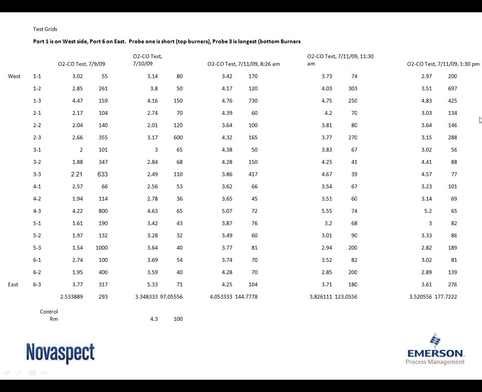So we adjusted that, and you can see on the next set of data, as we adjusted air shrouds, we were able to get those O2s and then the COs down. So that's that data, and ultimately that data results in O2 curves, or I should say fuel air curves.